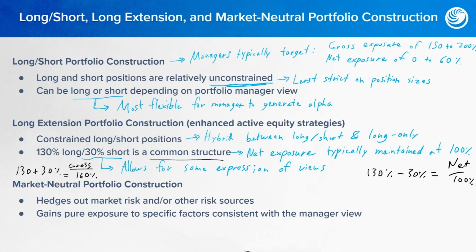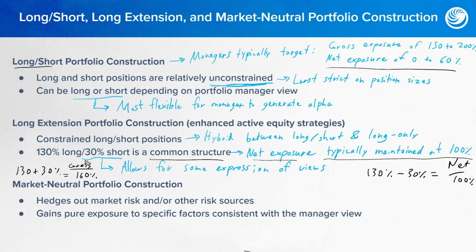So with these long extension portfolios, the net exposure is typically going to be maintained at around 100%. It deviates from that long-short portfolio where the net exposure was typically 0% to 60%. So it is basically more long.